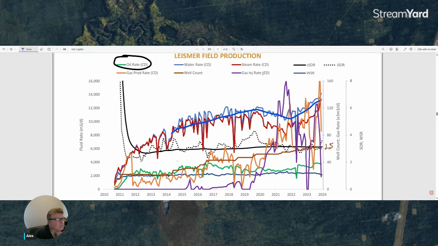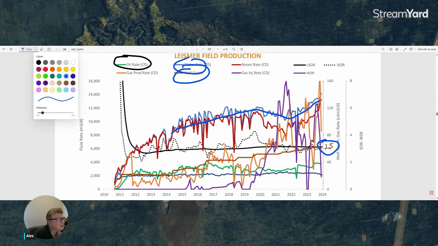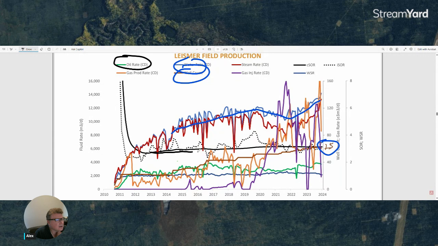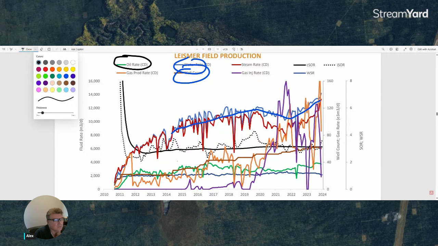So we covered that. Well count, we talked about this, so this is this number. Steam injection rate, which is in red. Gas injection rate, which is the purple stuff. CSOR, which is this kind of line here, and instantaneous SOR, which fluctuates. You see, and last time we talked about why we have ISOR and why we have CSOR, and you can clearly see that instantaneous SOR is busier, much busier, but cumulative SOR gives us an overall direction of where things are going.